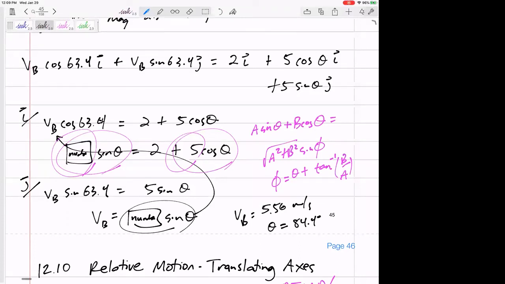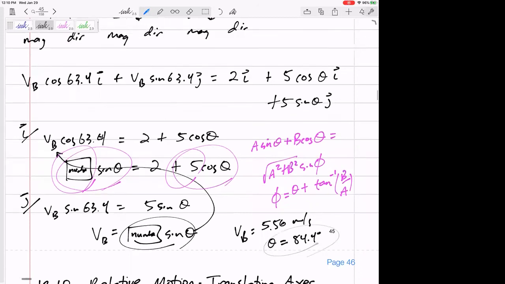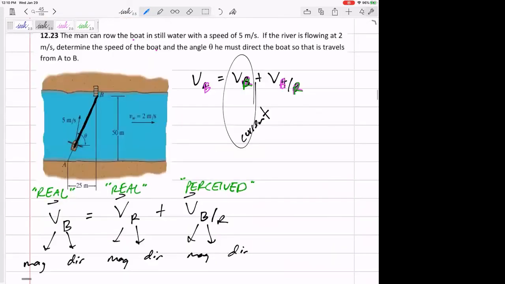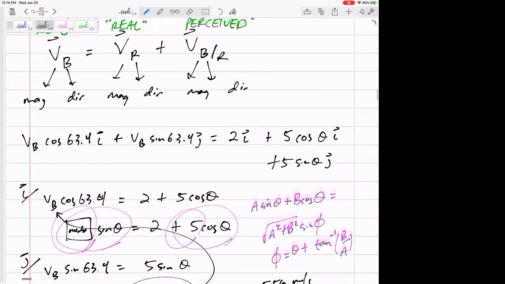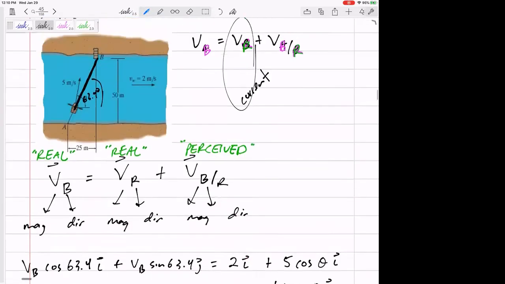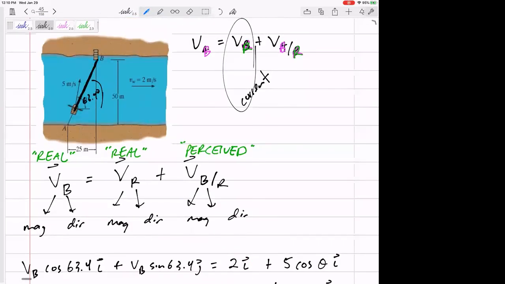He can row in still water at 5, but the river is pushing him downstream, and so he's really going at 5.56 at this angle. And also, does 84.4 make sense? If he really wants to go at 63.4, he had to aim at 84.4.